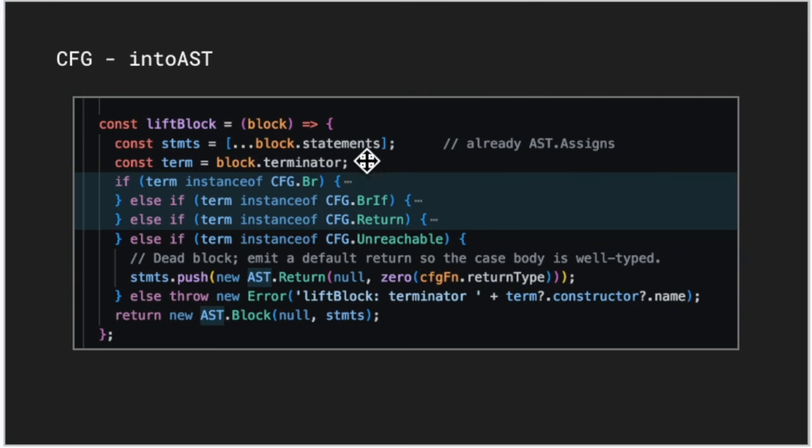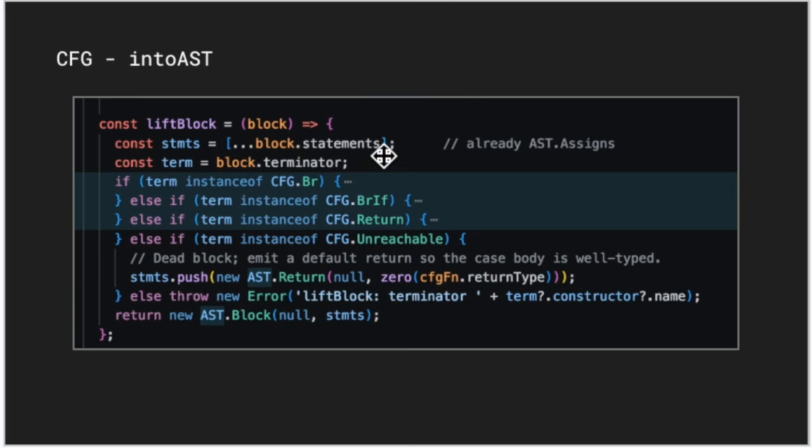And when you lift a block, because of the way we've designed our CFG, we can basically copy over the statements. In a more sophisticated CFG, you would have a more sophisticated way of converting the instructions to a friendly format, like three-address code.